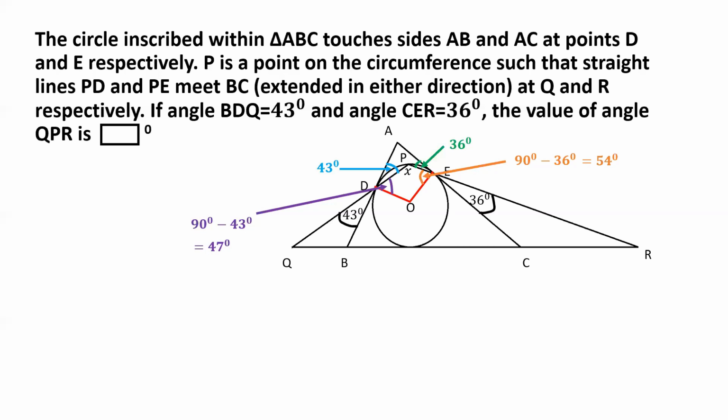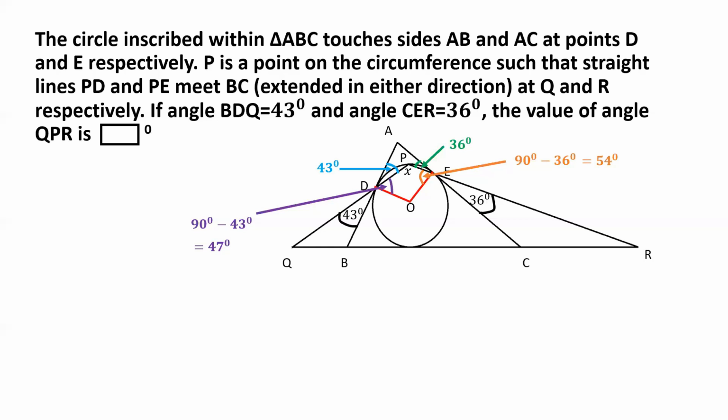Now, if I consider the bigger arc DE, so it's the part of the arc that's opposite to P, right? So we're considering the bigger arc DE, not the smaller arc DPE, but the arc on the other side, which is the bigger arc DE. So this bigger arc DE subtends an angle DPE, which we have assumed to be x, at the circumference.